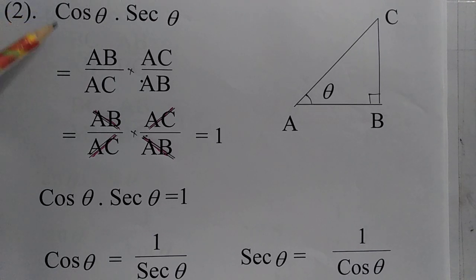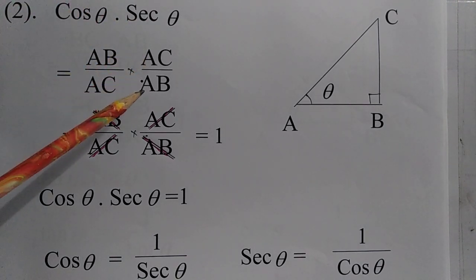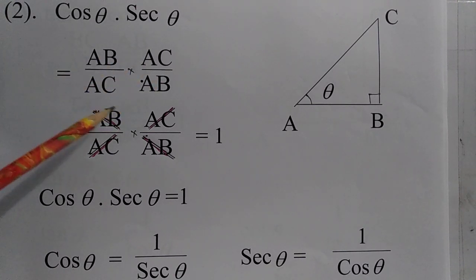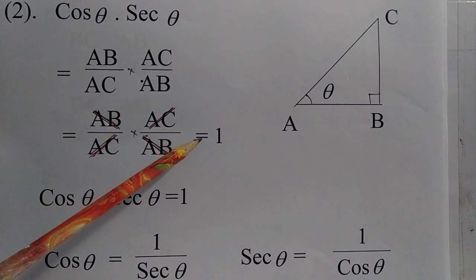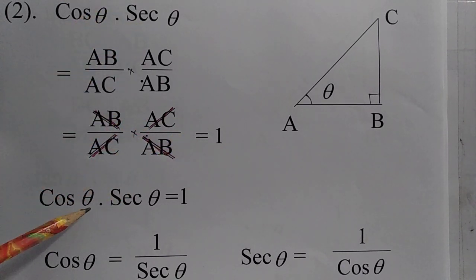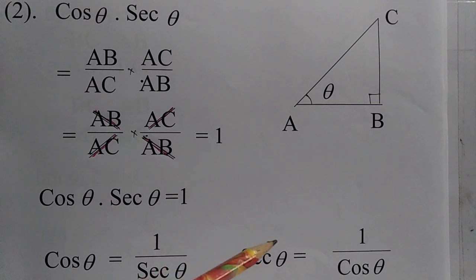And cos theta into secant theta equal to AB by AC into AC by AB. AB gets cancelled and AC gets cancelled. We get 1. So cos theta into secant theta equal to 1. From this we write cos theta equal to 1 by secant theta. Secant theta equal to 1 by cos theta. Note down this relation.